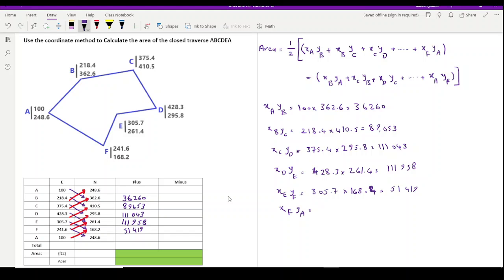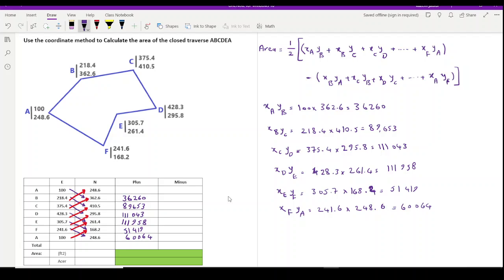and if you do this, it's going to be 241.6 times 248.6, and it's equal to 60064. I write it here.